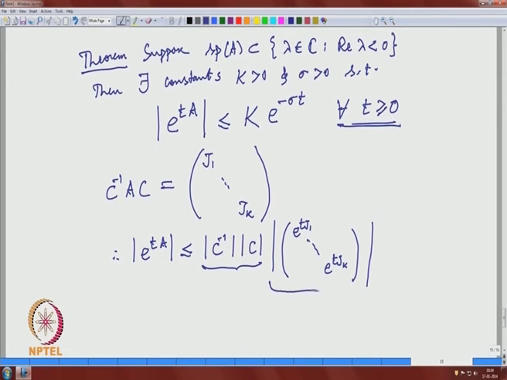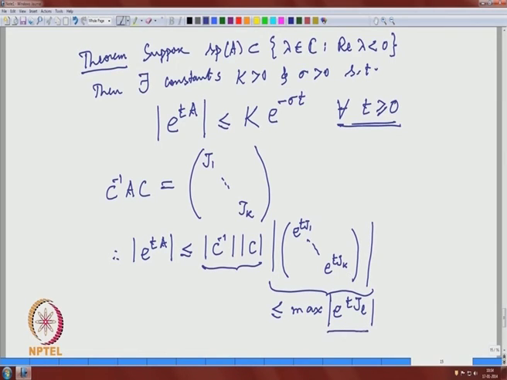We have already seen that this is less than or equal to the maximum of e to the tJl, because this is all block diagonal.